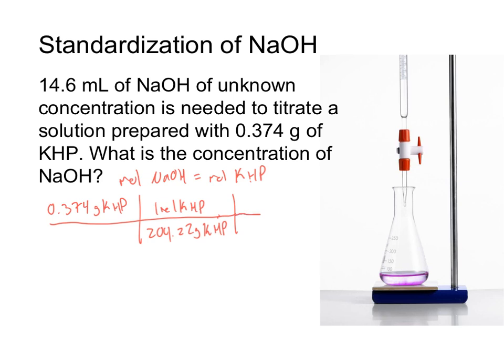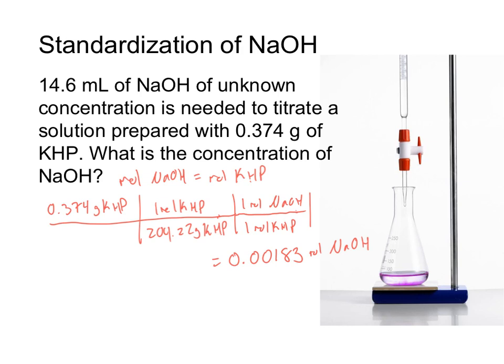And we know that KHP and sodium hydroxide react together in a 1-to-1 molar ratio. And so this tells us that at the end point of this titration, we have added 0.00183 moles of NaOH. Now let's just think about where we're at.